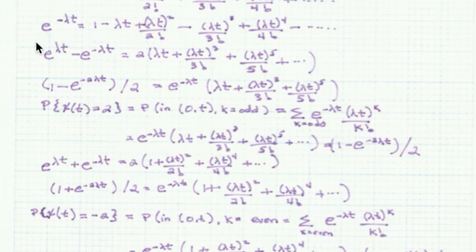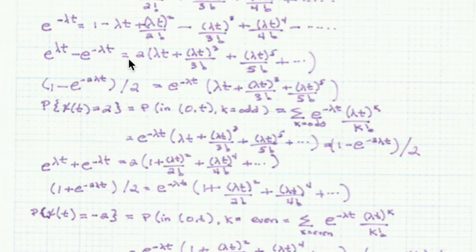This comes into play here, where we take e to the lambda t, and we subtract e to the minus lambda t, thereby eliminating the even points and leaving the odd points.